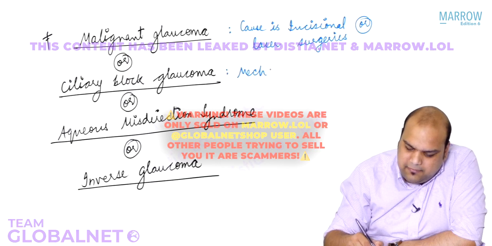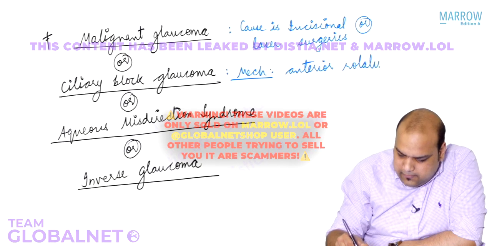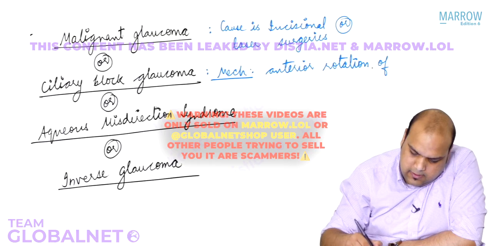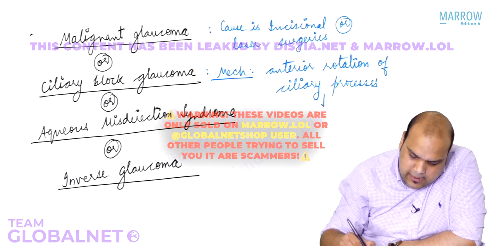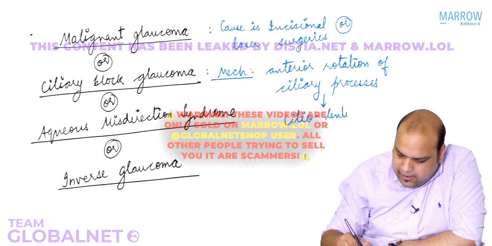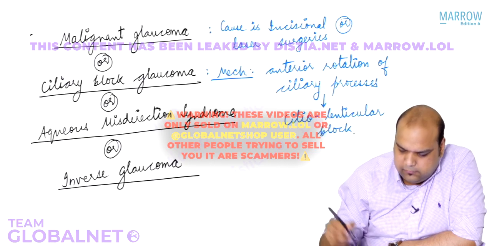The mechanism is anterior rotation of ciliary processes which leads to ciliolenticular block.